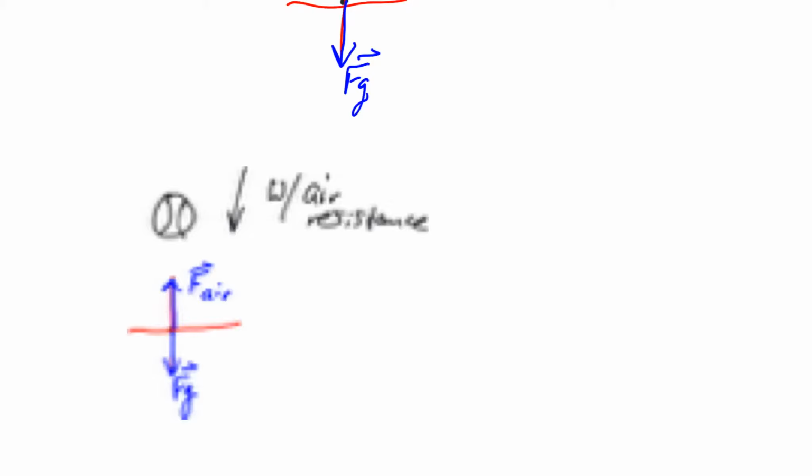All right, let's do another one. Let's say that I've got a ceiling and I have hung a potted plant. So let's see, I've got my little pot here and there's my little plant. I want to do a free body diagram for that potted plant system.